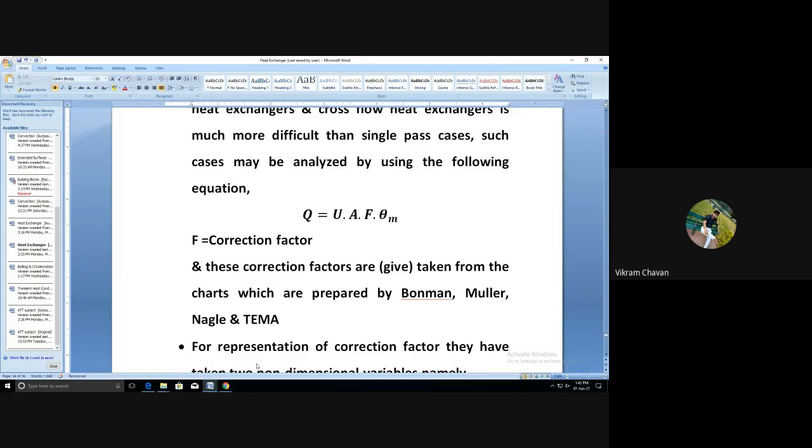which are prepared by Bowman, Mueller, Nagle, and TEMA, capital T, E, M, A. So you can write the full form of TEMA because this is also one type of MCQ.